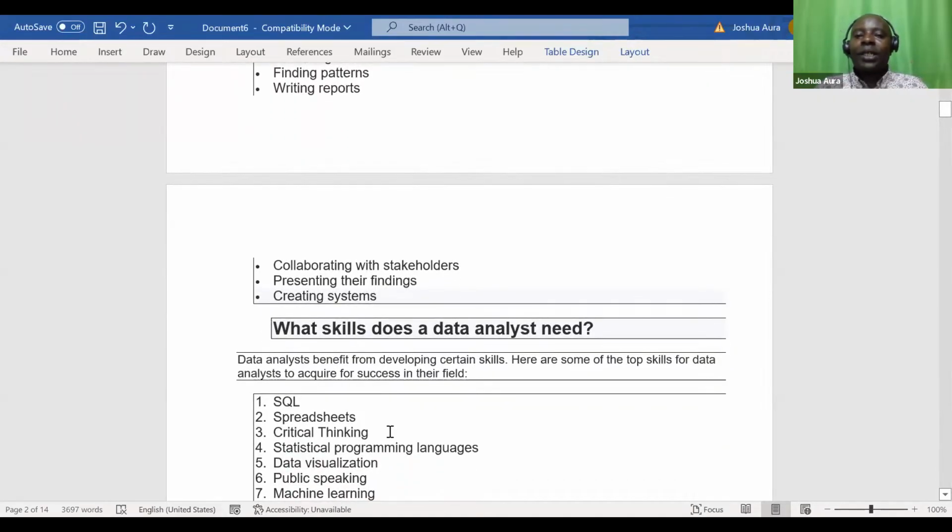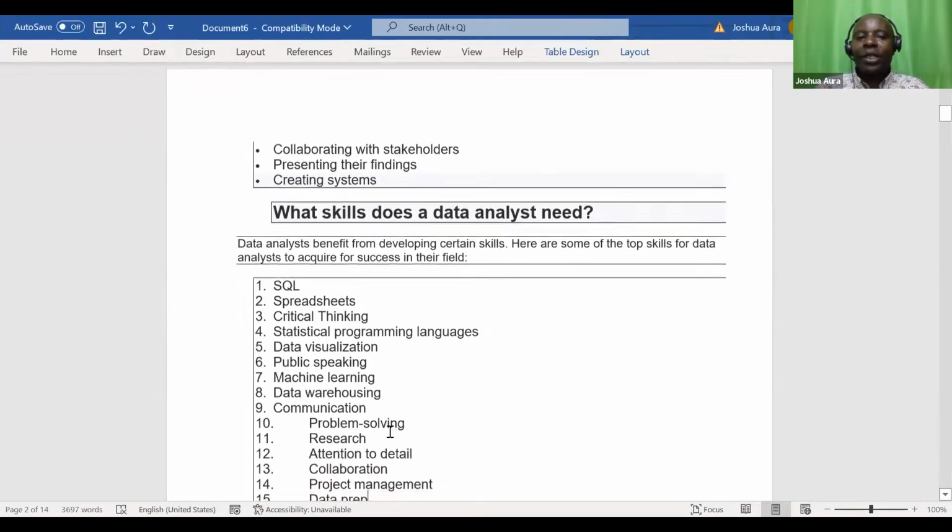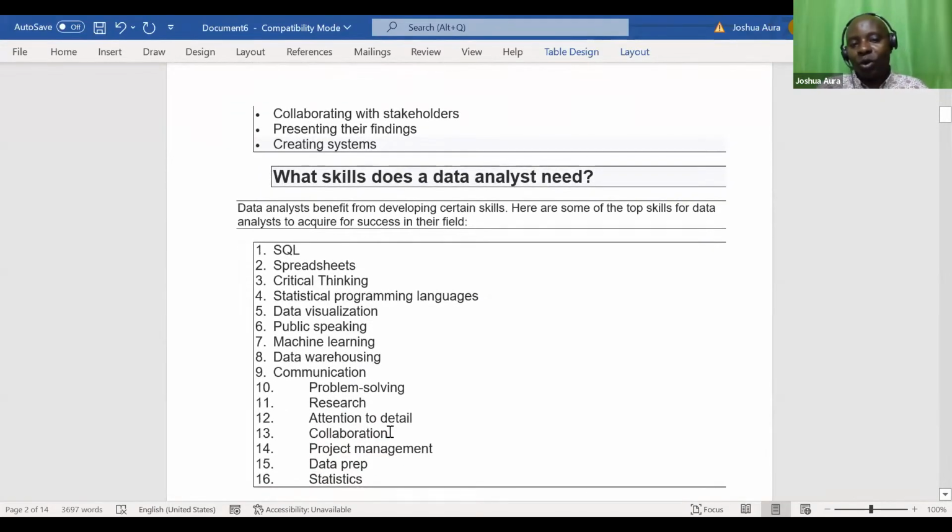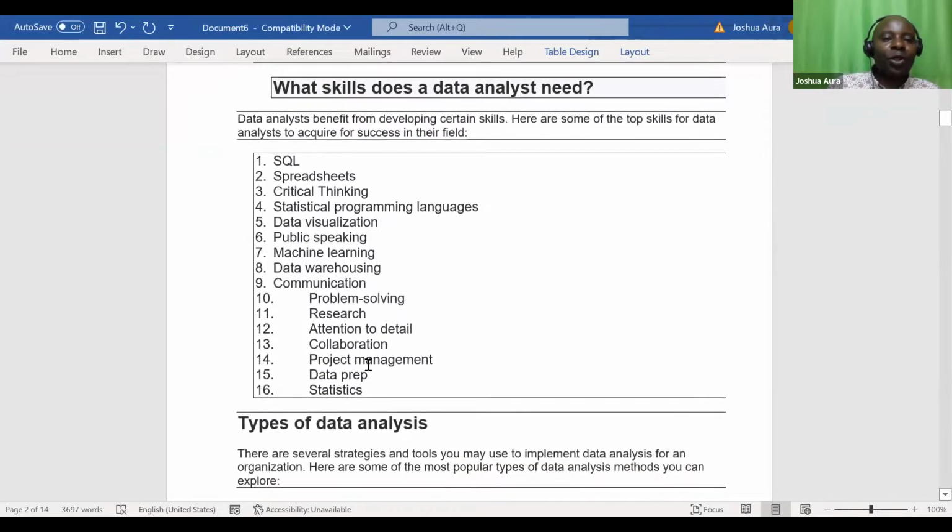So what skills do you need then as a data analyst? You need to be good in what we call MySQL, very important. MySQL, spreadsheets, critical thinking, you must be a great thinker, statistical programming languages, data visualization, you must be a good public speaker, artificial intelligence, data storage, communication, pretty much similar to public speaking, problem solving, you must be a good researcher, attention to detail, collaboration.